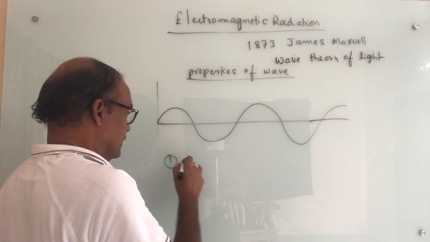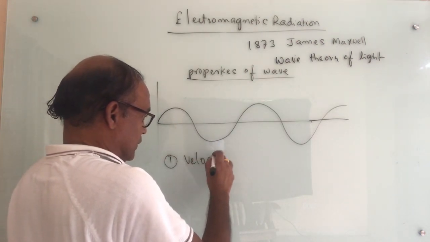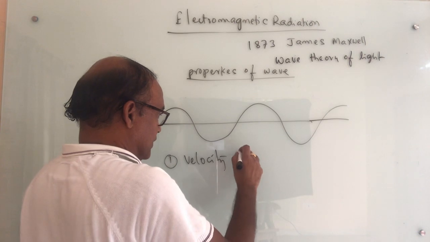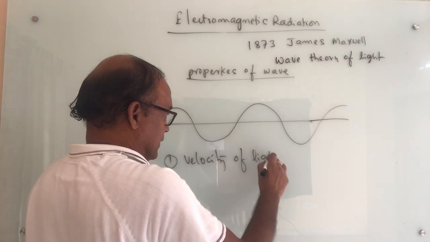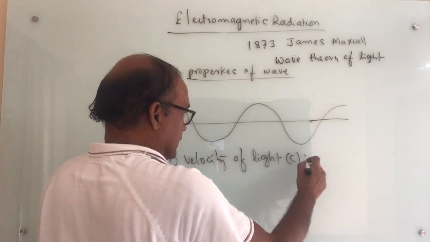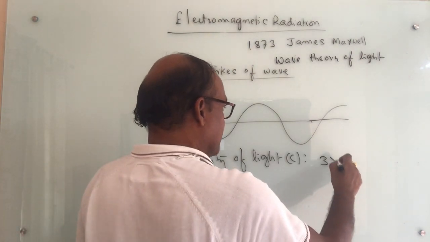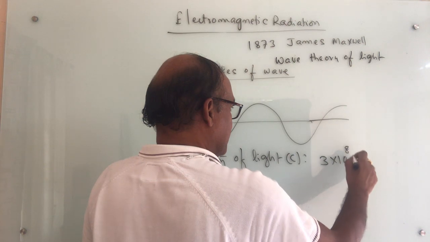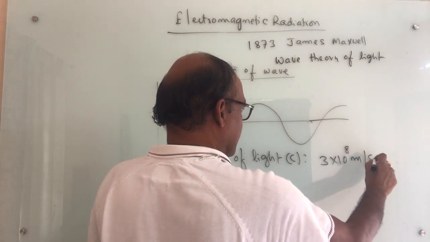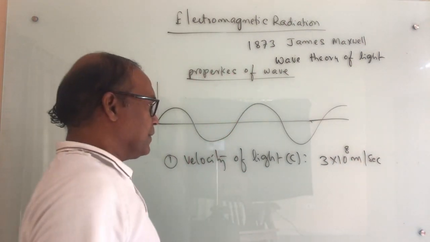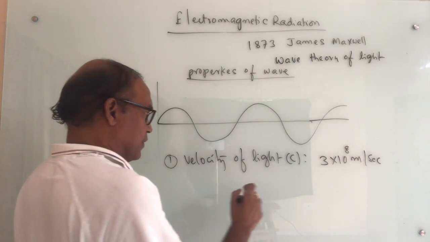One is the velocity, velocity of light. Its value is 3 into 10 power 8 meters per second. So this is the velocity in vacuum.